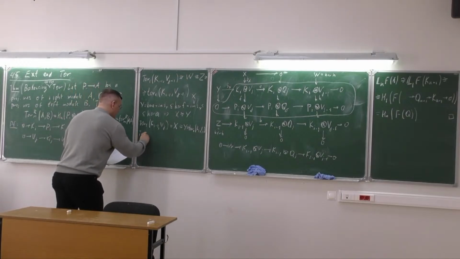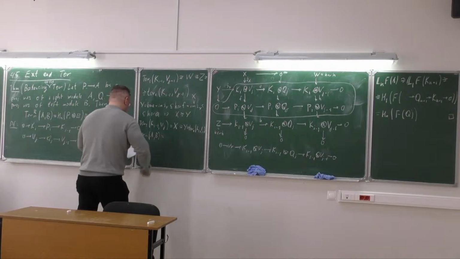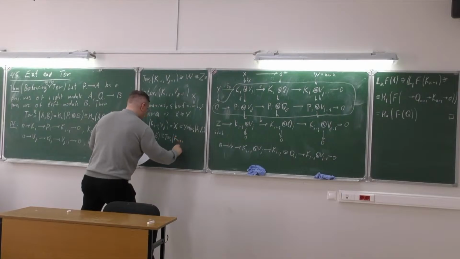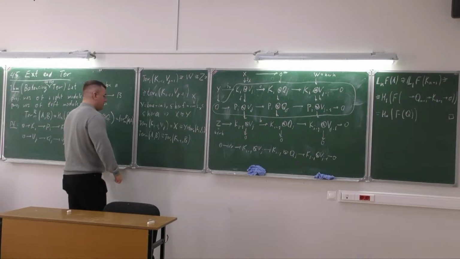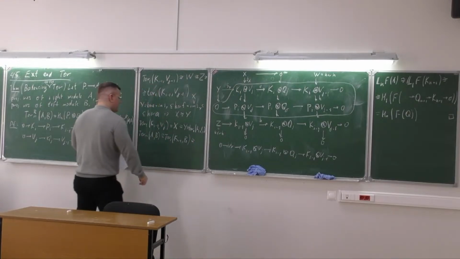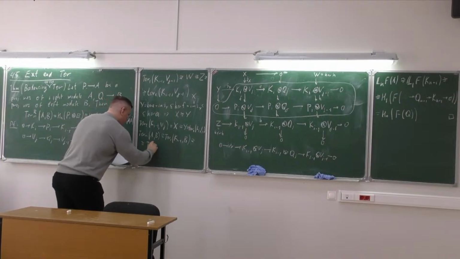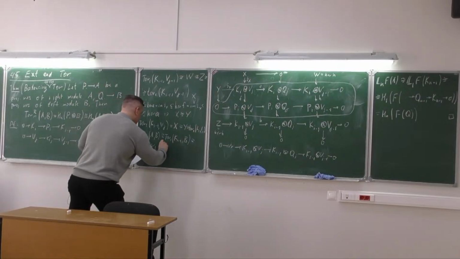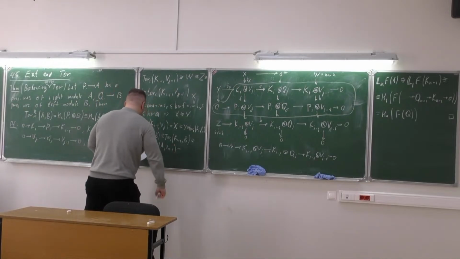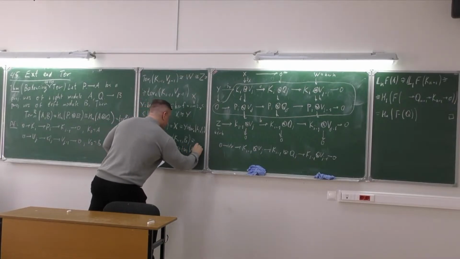I look at the Tor with the index n between A and B. By the dimension shifting for the first argument, I can write this as the Tor1 of the syzygy with the index K_{n-1} and then B. Now I can use my previous computation and move this minus 1 several times and get Tor1 between A and V with the index n-1, which can be identified with the Tor1 of A and V_{n-1}.